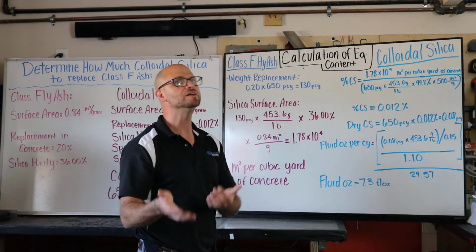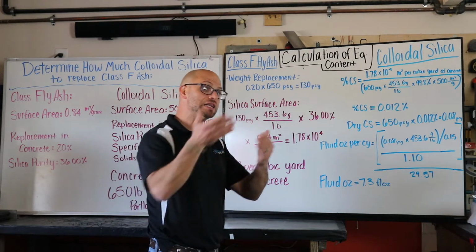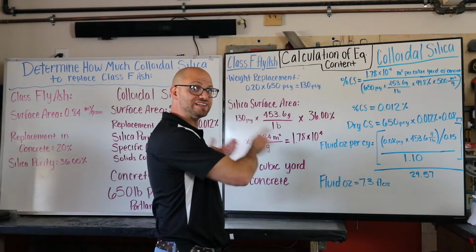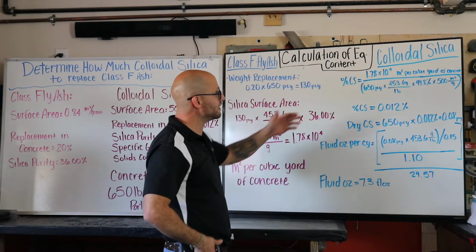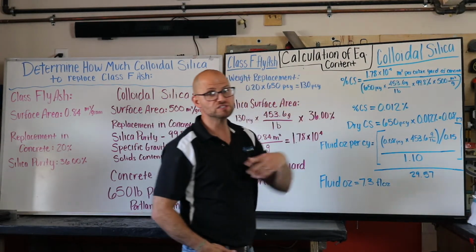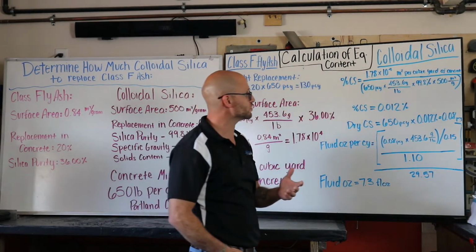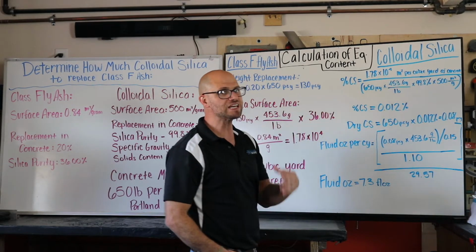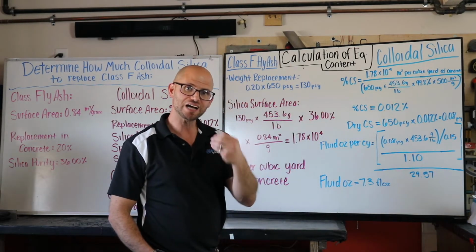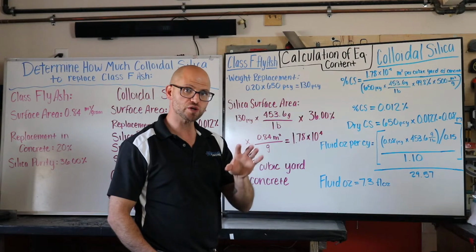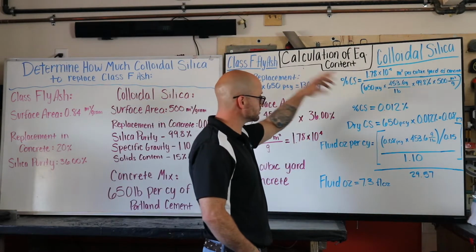So that being said, we should need a lot less of our colloidal silica to get the equivalent amount of our Class F fly ash. So we're taking our 1.78 times 10 to the 4th meters squared per cubic yard, and we're dividing it by that same concept, that silica surface area brought by our nanosilica, or colloidal silica dispersion.